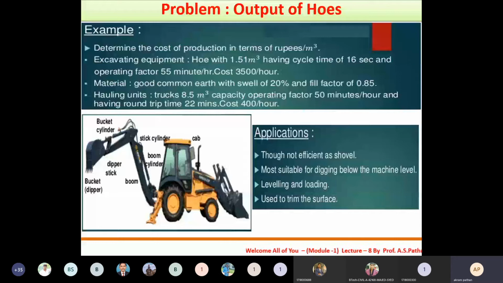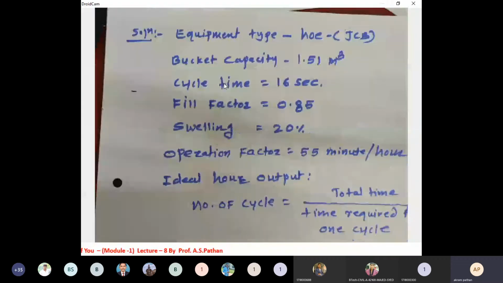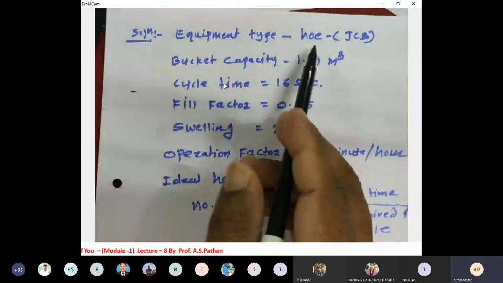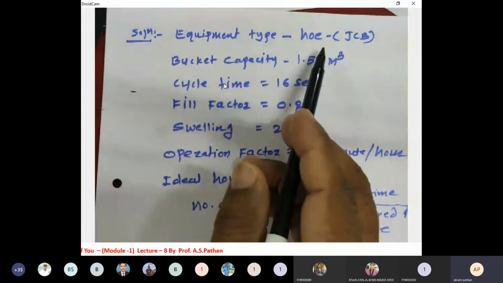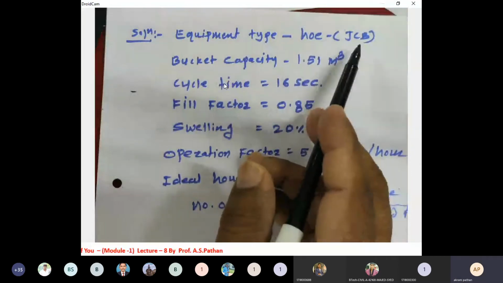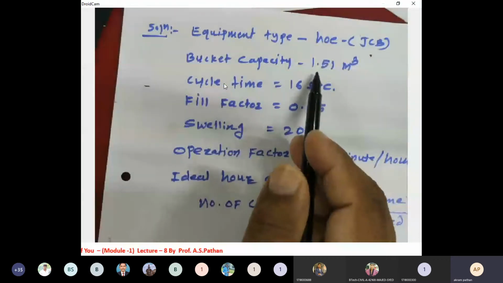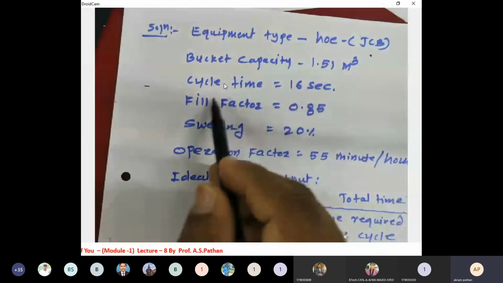So what we have done in this particular problem, we have taken the given data here. See, the equipment type is given. We have to write the equipment, that is JCB. Then bucket capacity is given in the problem, 1.51 meter cube.